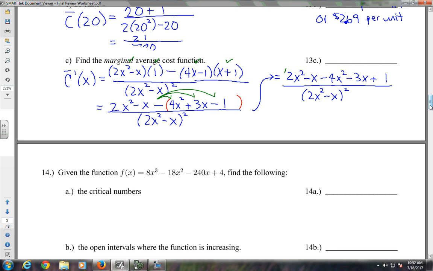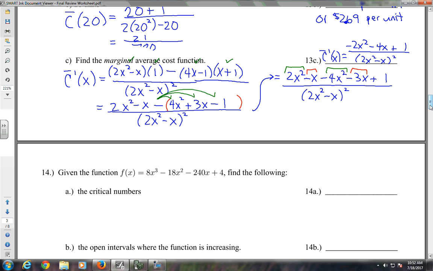We have 2x squared minus 4x squared. We'll go ahead and express our answer here. That gives me negative 2x squared. We have negative x minus 3x. That combines to give us negative 4x. And then the last term there is 1, divided by the denominator squared.